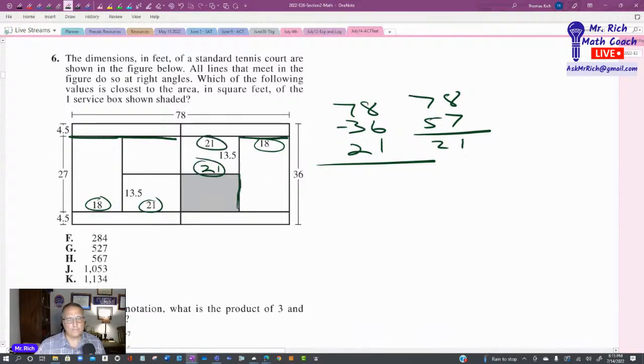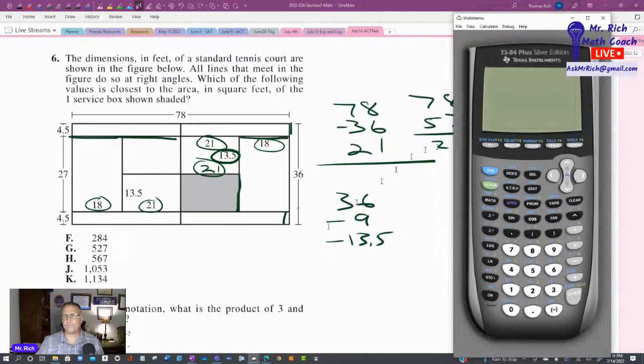But I do need this. So that's going to be 36 minus 4.5 right here. Another 4.5. So that's minus 9 and minus the 13.5. I am going to get my TI-84 calculator out and take 36 minus 9 minus 13.5.